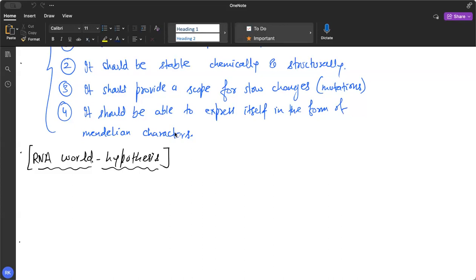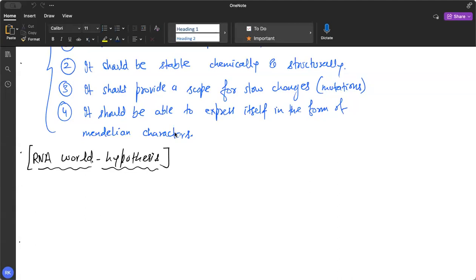So remember, what is important for any cell to be a living system, right? The three basic necessities of the most primitive life: it should have a boundary, which is made up of lipids. It should have a molecule that can store information and can replicate. Now, to replicate, that molecule needs some other molecule's help.